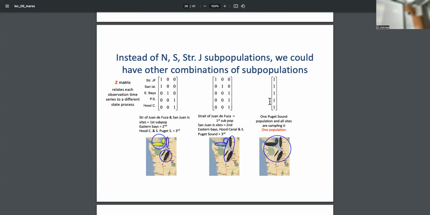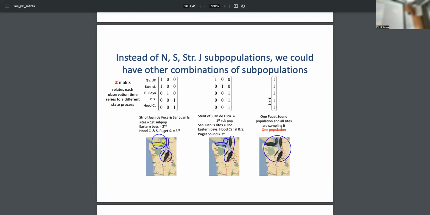These are Y's, those are our 5 locations.